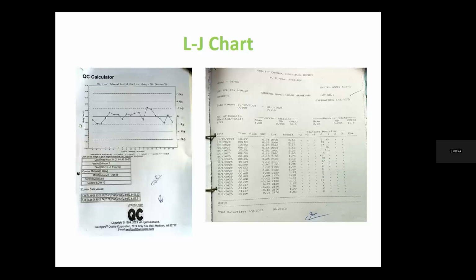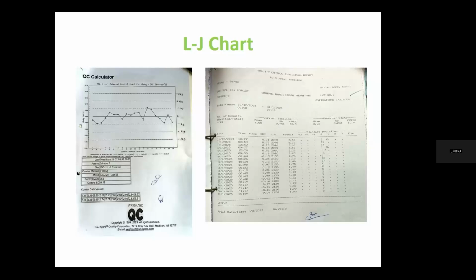On the right side, this graph, the Levy-Jennings chart, is procured from the machine itself. On the left side, you can Google Westgard rules and how to draw the Levy-Jennings chart. On the right side, the machine calculated this with the run.